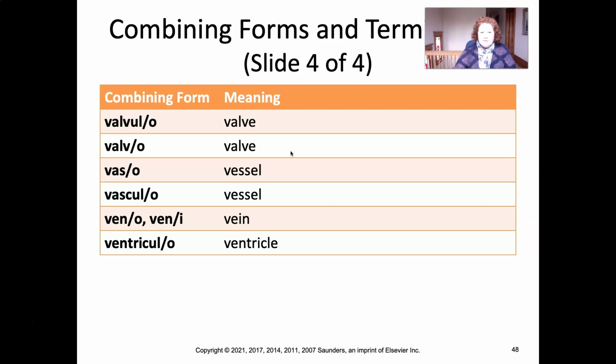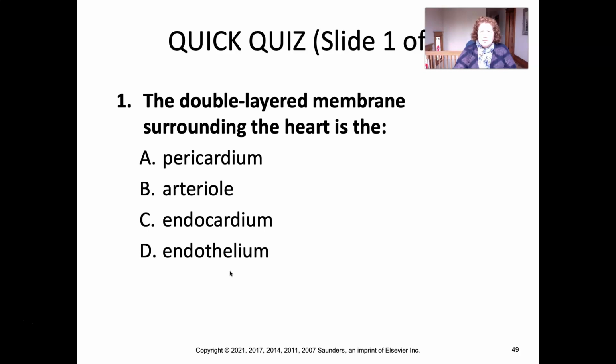Two for vein, veno and veni. Notice the I there. I for us is a very unusual combining vowel, so watch out for that. Ventriculo.